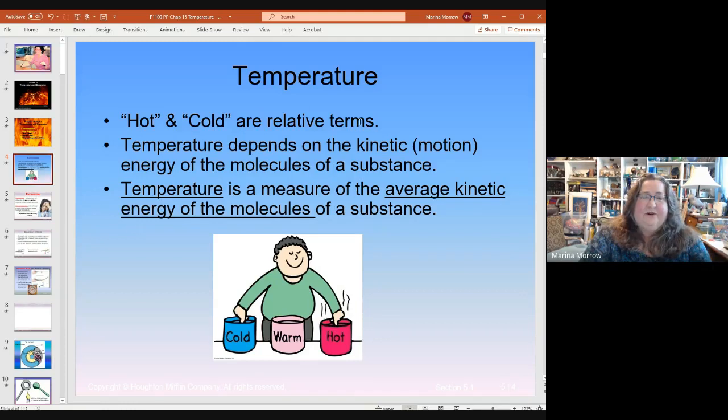So, yes, a lot of times our bodies are not that good at being able to tell what an actual temperature is. We just know whether or not we're losing heat energy. Actual temperature measured by a scientist is the average kinetic energy of the molecules of the substance.